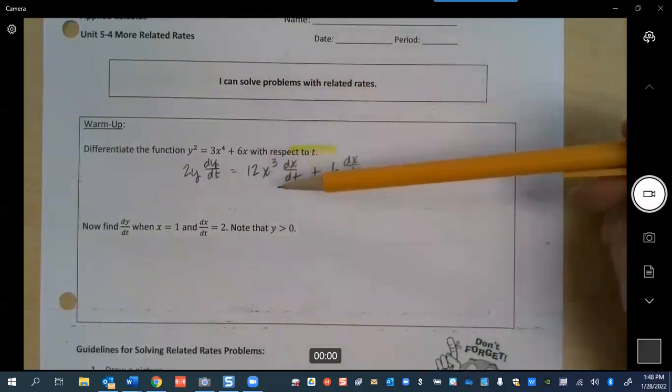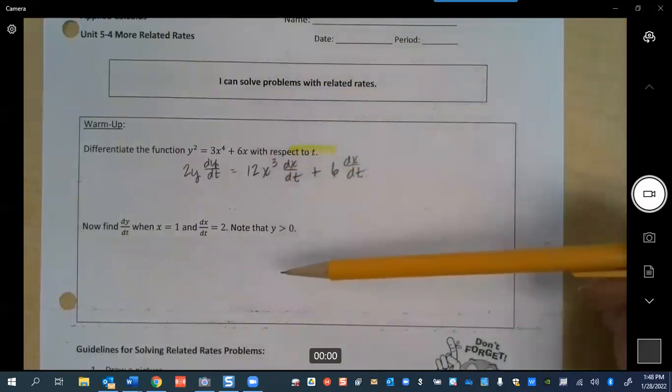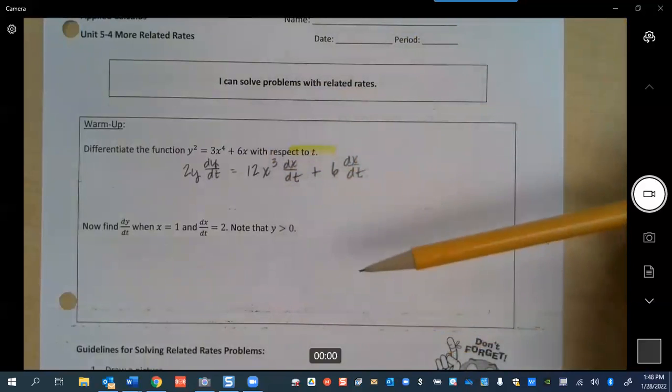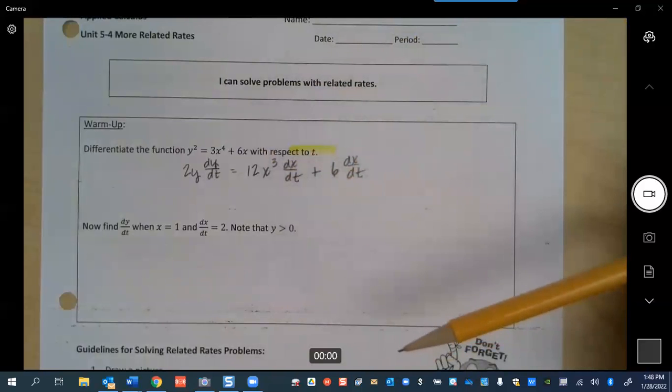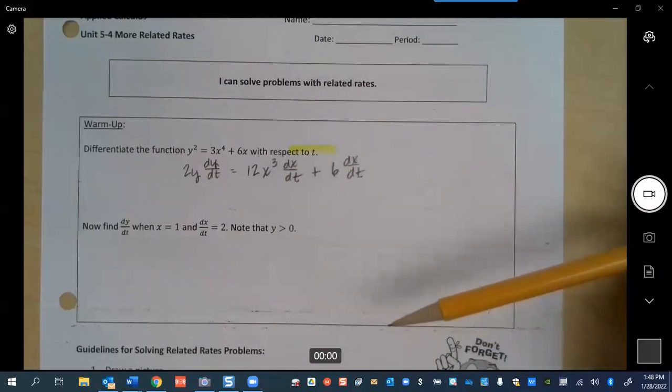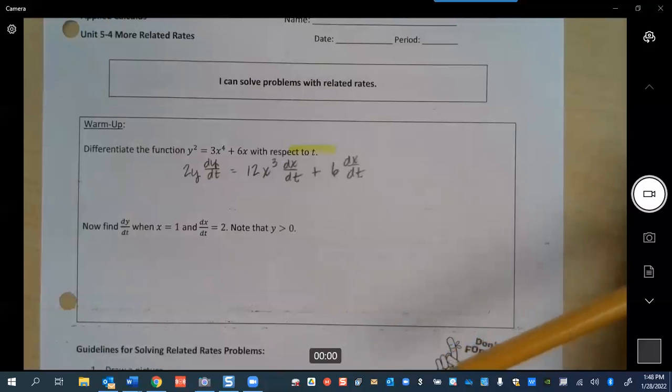This equation talks about the relationship between their rates of change. If I took a second derivative of that, I'd look at the rates of change of their rates of change. If I took a third derivative, it would be the rates of change of the rates of change of their rates of change. It could go on until I run out of variables. All right.